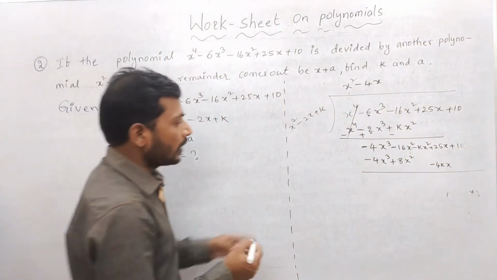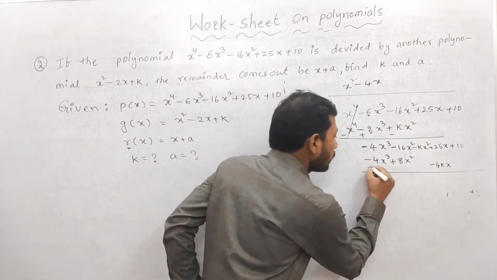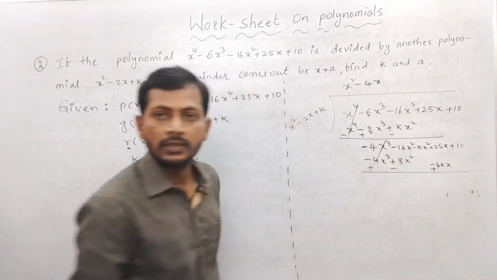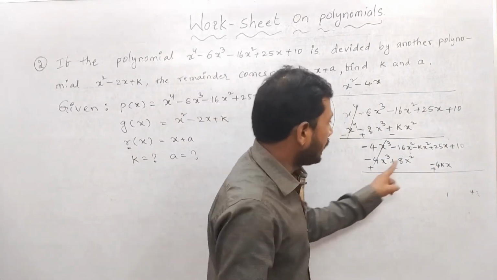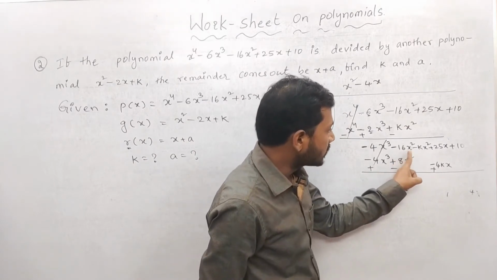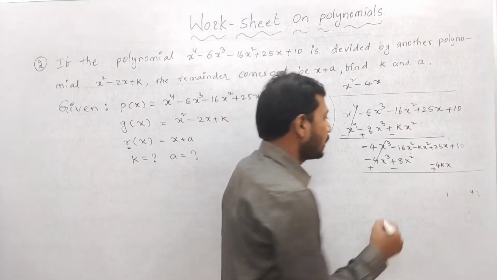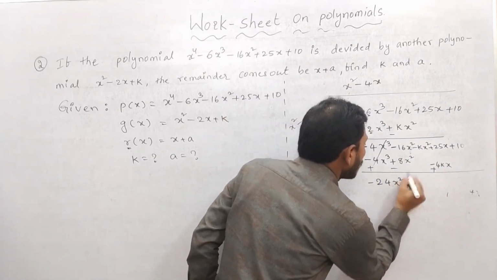Very good. Minus 4kx. This second step is also completed. Then now again, sir, both are minus. It is not possible to cancel. That's why I am going to plus minus plus, canceling the plus and minus terms. And second thing, clearly observe, minus 16x square minus 8x square, both having the minus, so I write here minus 24x square.